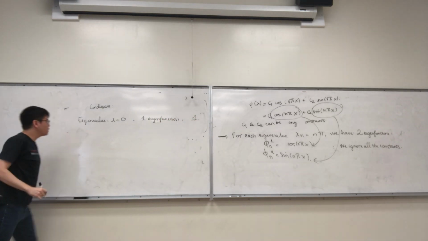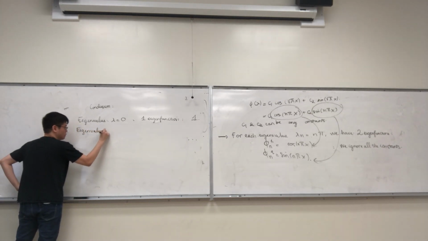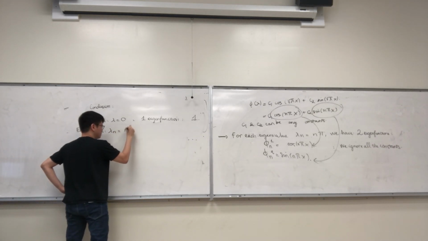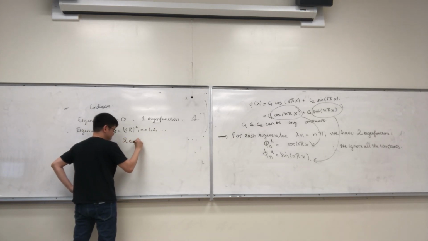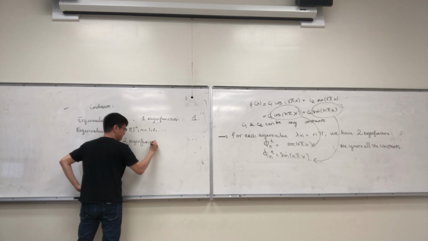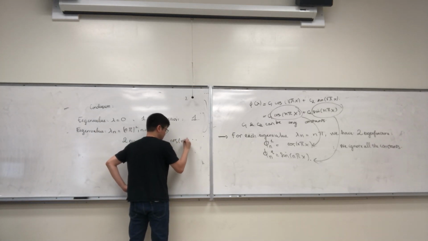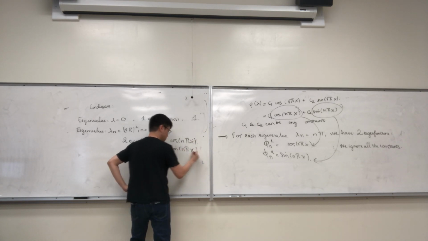When the eigenvalue lambda n is n pi squared, and n is going to be 1, 2, 3, you have two eigenfunctions: cosinus of n pi x and sinus of n pi x.